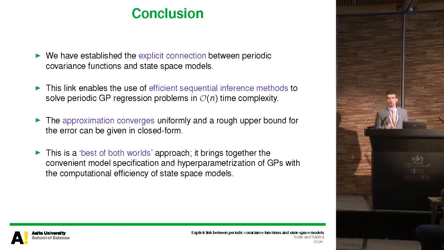In the paper, we also showed that this approximate scheme converges uniformly to the closed form solution from the full GP result, and we can also get a rough upper bound for the approximation error.